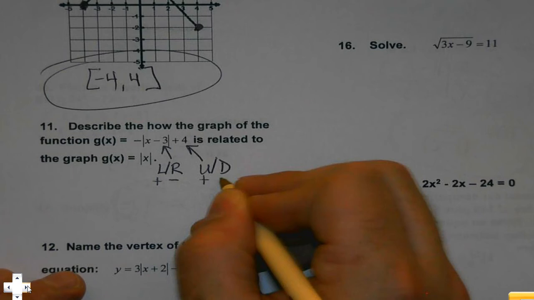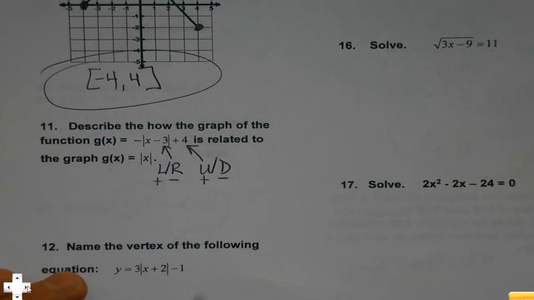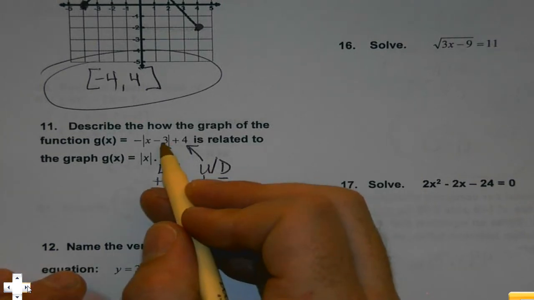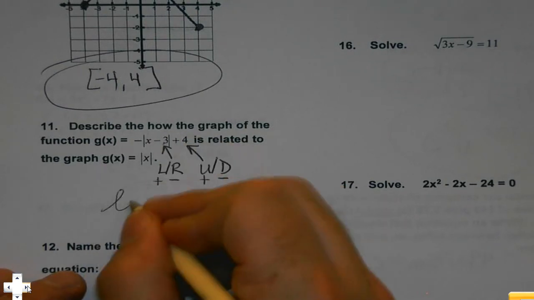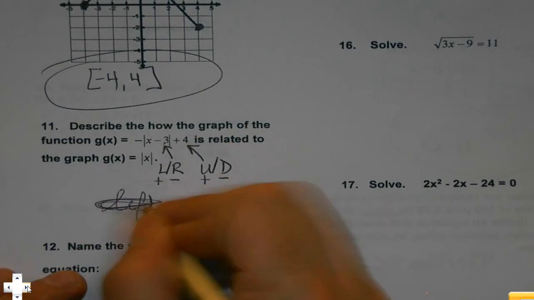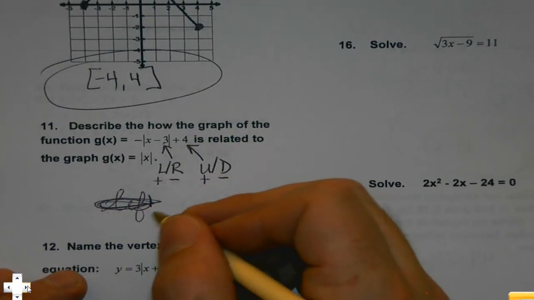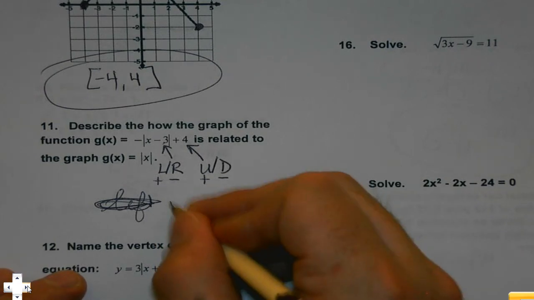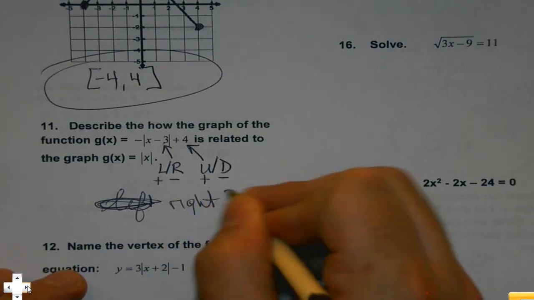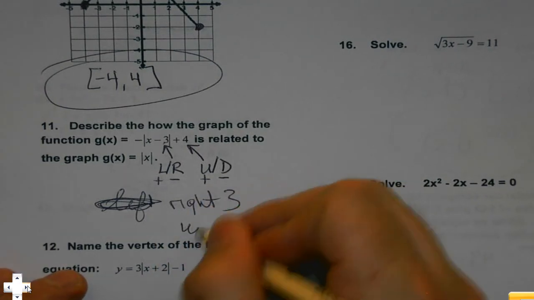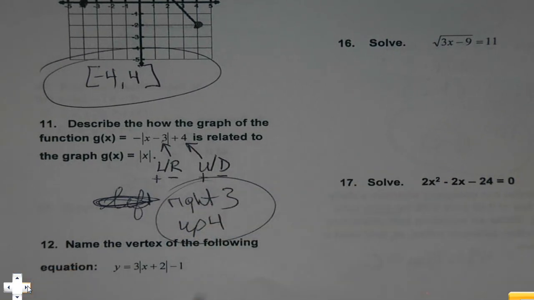And what's on the outside goes along with what it normally would. So, normally I'd think of negative as left, but it isn't. As I say, we think of it as left, and I write left. No. Right 3 and up 4. So I got to be careful on that a little bit, I guess.